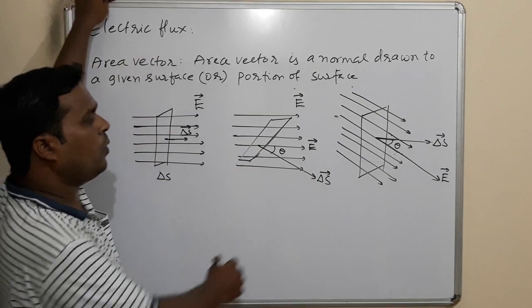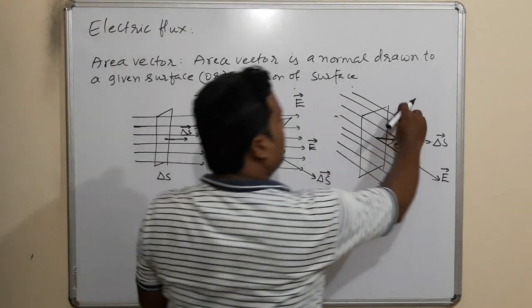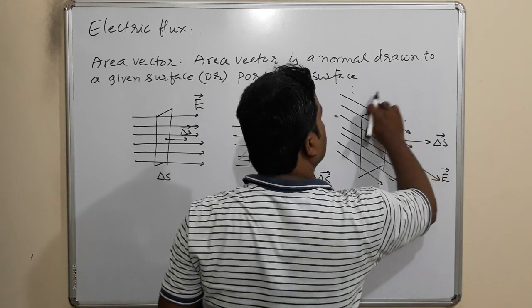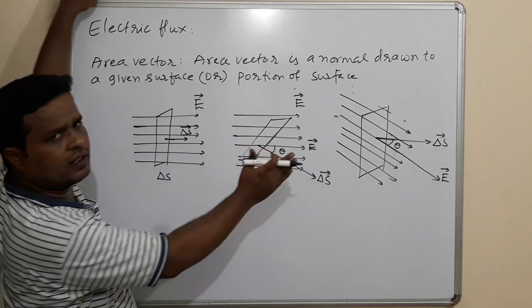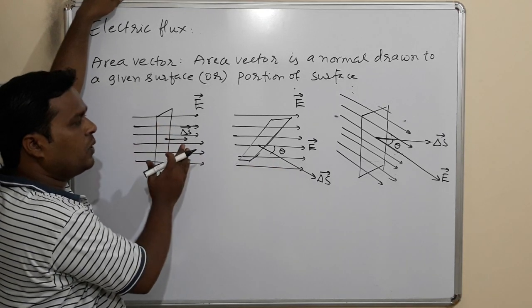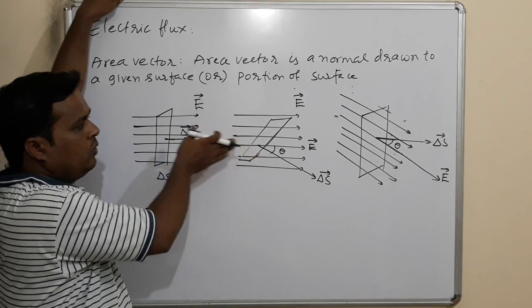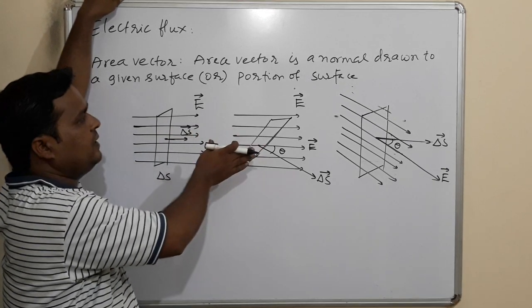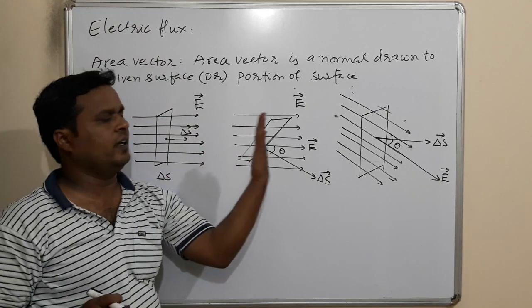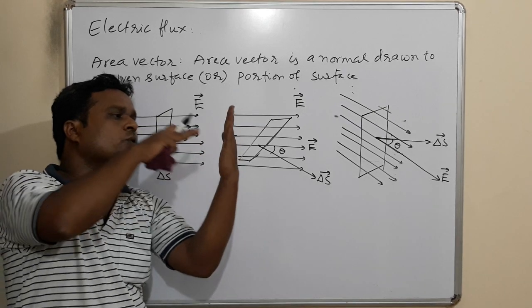Then how many lines will pass through this surface? If I am holding any area in any orientation, the number of lines passing over an area which is placed in an electric field, suppose if I hold the area in the electric field like this, how many lines will be passing through this area?